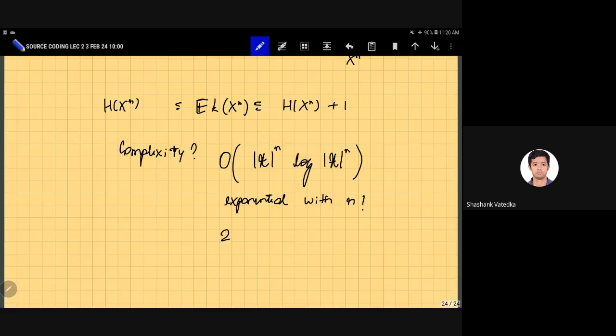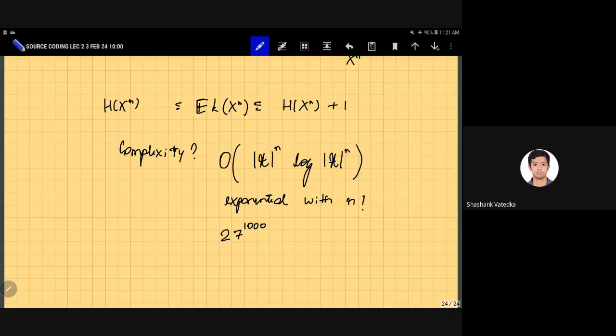So 27 symbols, and I want to encode a text file of size even 1 kilobyte. The complexity of constructing the Huffman code would be at least 27 raised to 1000, which is a humongously large number. So it's impossible to construct a Huffman code for such a large alphabet.